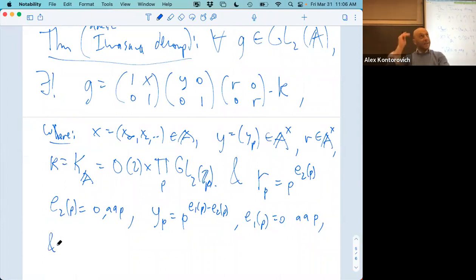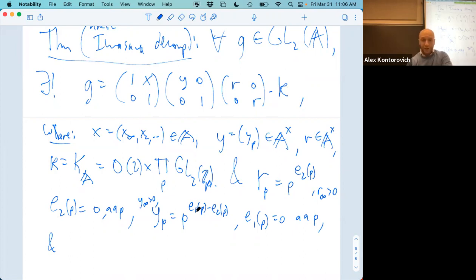And X_p, oh, and R infinity is positive. Y infinity is positive. So R infinity and Y infinity are positive real numbers. If there's a minus sign, it goes in the compact part; I mean, -1 is in O2. And what can I say about the X_p's?